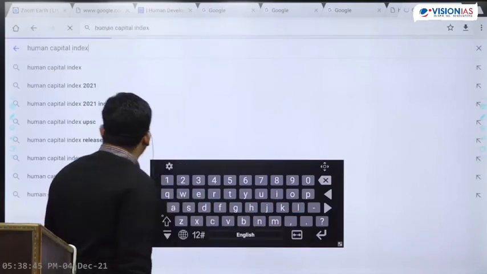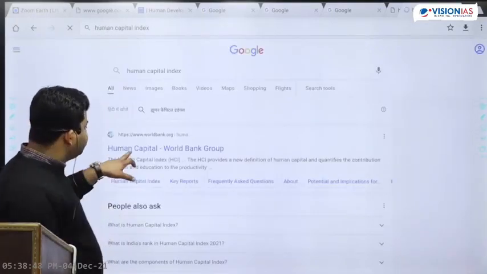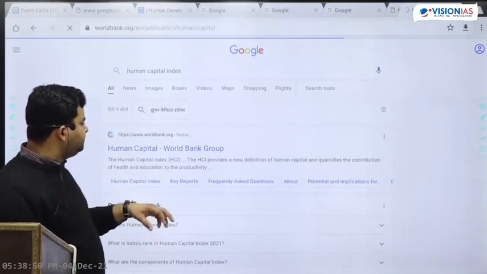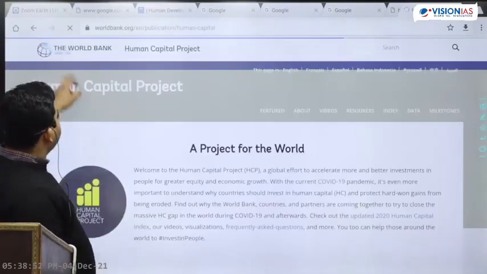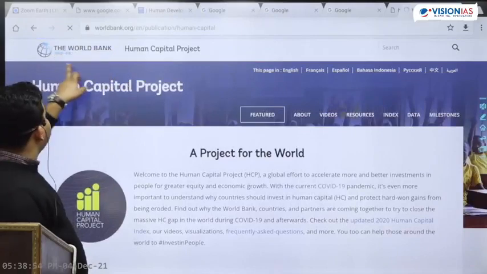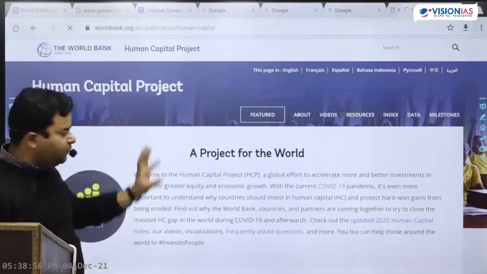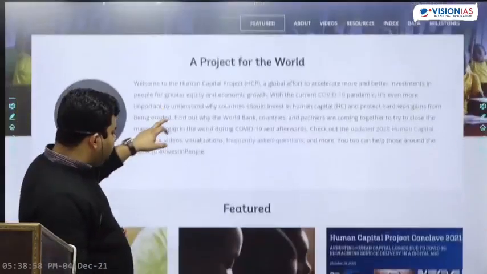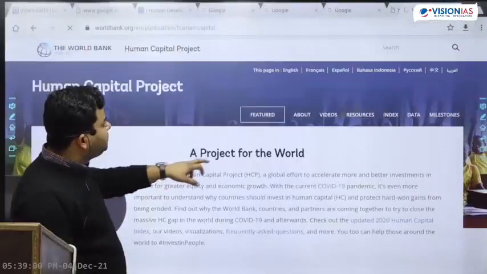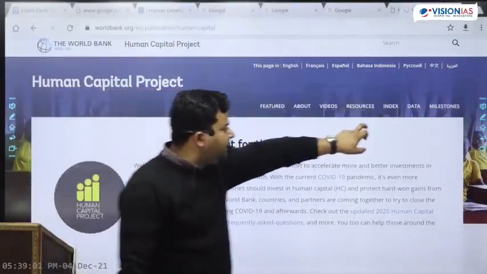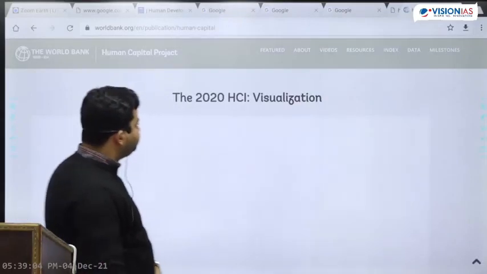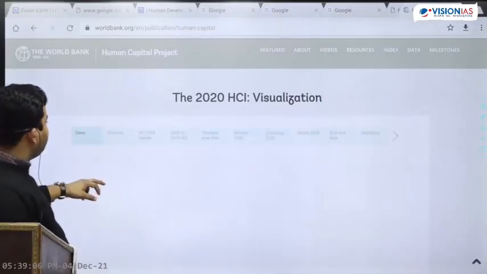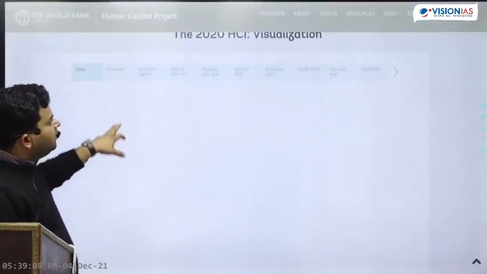Maybe further you will. Look, this is the Human Capital report. Can you see, wherever the World Bank is written, it is always IBRD and IDA. They are put together. I would like to take you directly to the reports. This is called the Human Development Index. The 2020 visualization, this is the overview and so on.